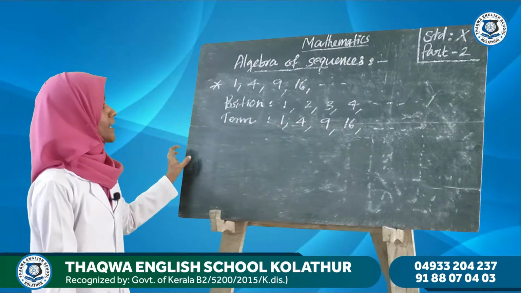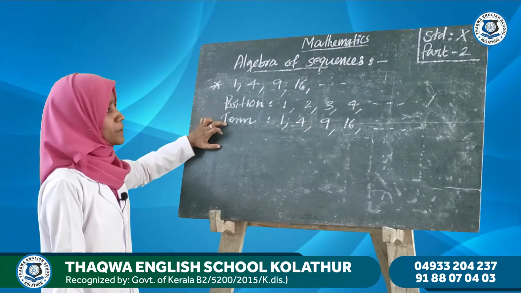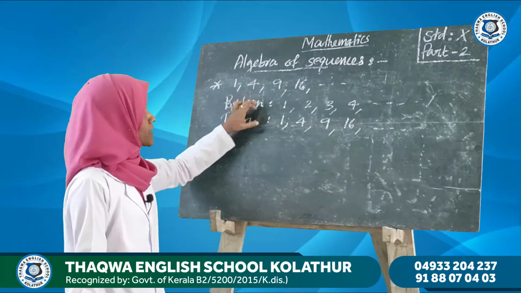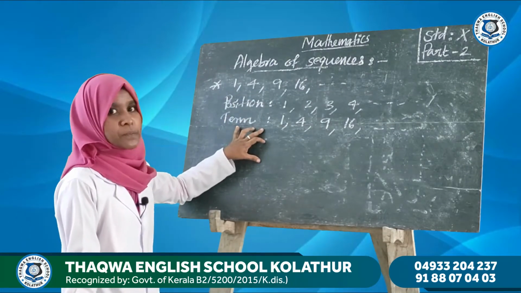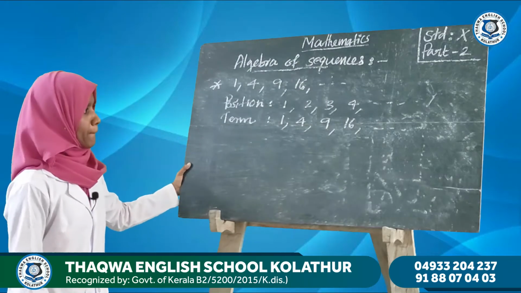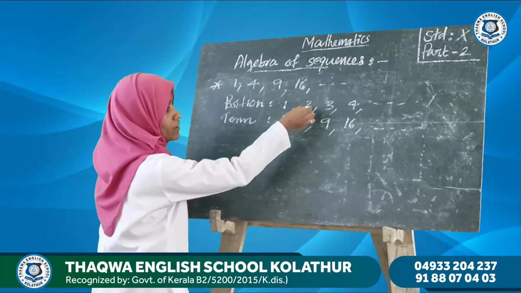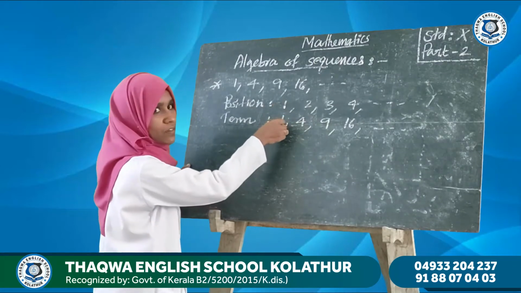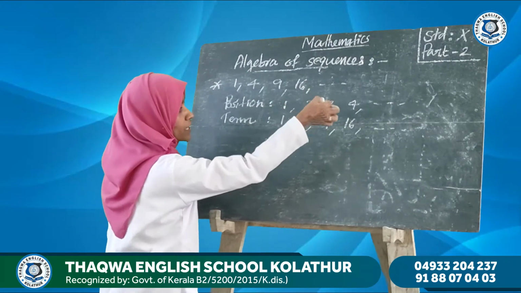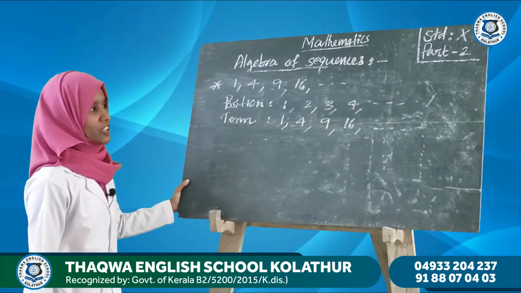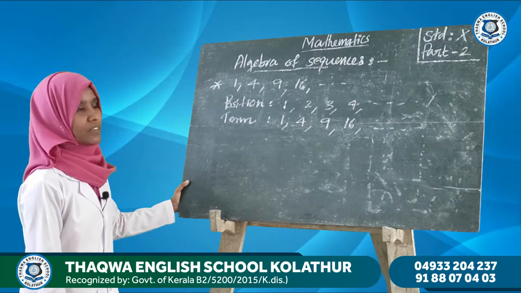Can you say what is the relation between its position and the term? Any relation between this position and the term? First term 1, second term 4, third term 9, fourth term 16. Any relation? Yes.